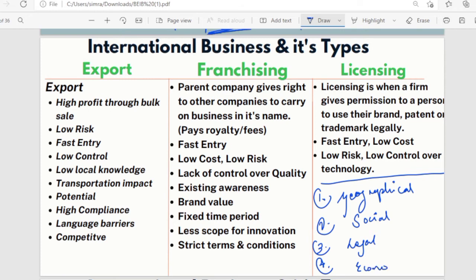Yes, economic factors are also one of the most important factors. If you are not aware of the economy, how are you going to do the business? Without knowing the economy, you cannot do the business. So these are the four important factors. This I have just explained to you just for the sake that you should have an understanding as to what international business is. We cannot expect that this will be asked in exam.